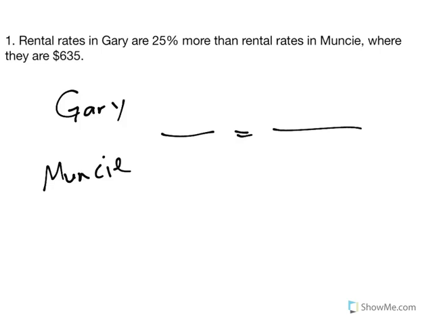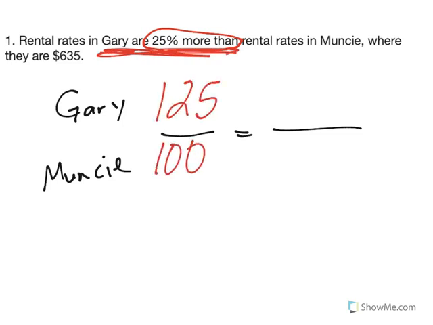So when we look at our key words, 25% more than, we just talked about that, right, that's 125% because 100 is my reference. So Gary is the one that is 25% more, so Gary's going to be 125, where Muncie is the reference at 100.